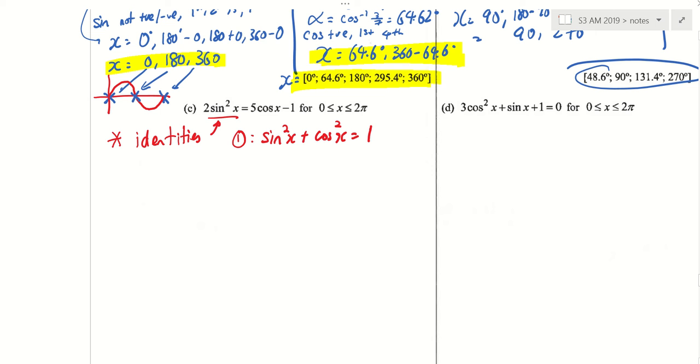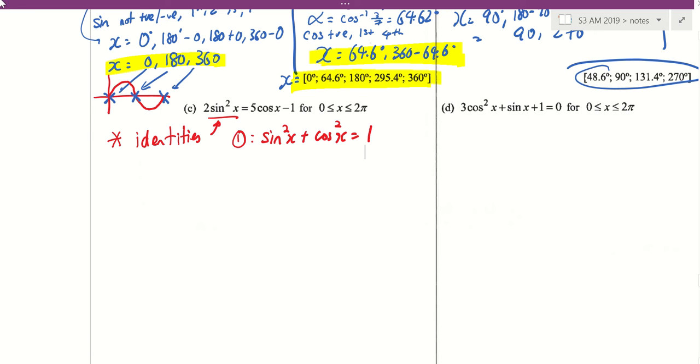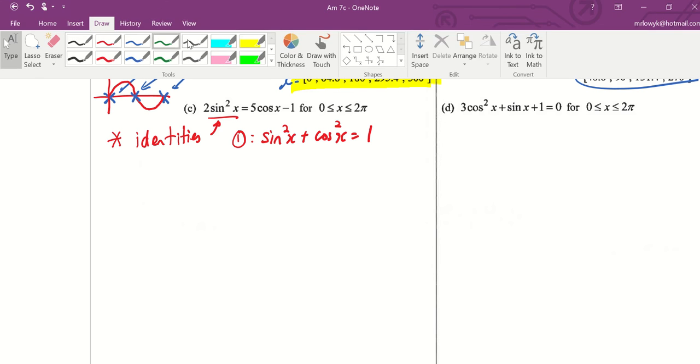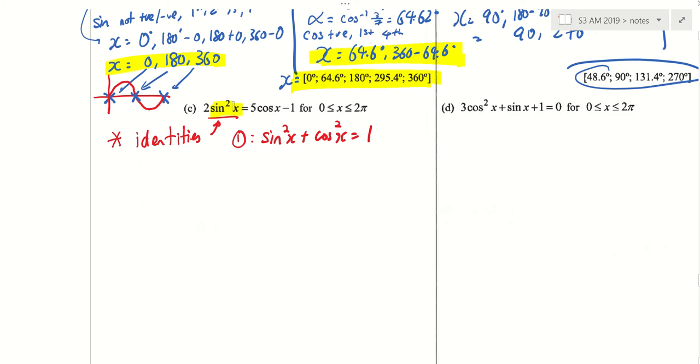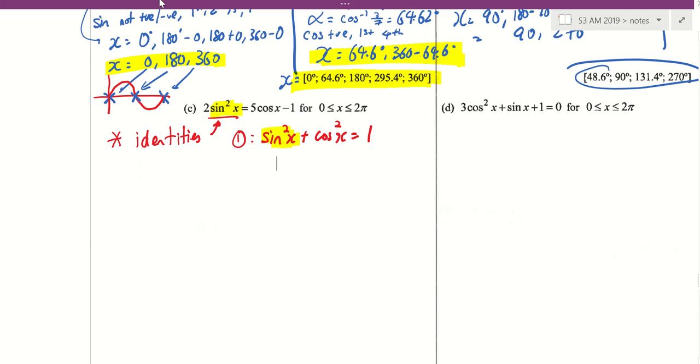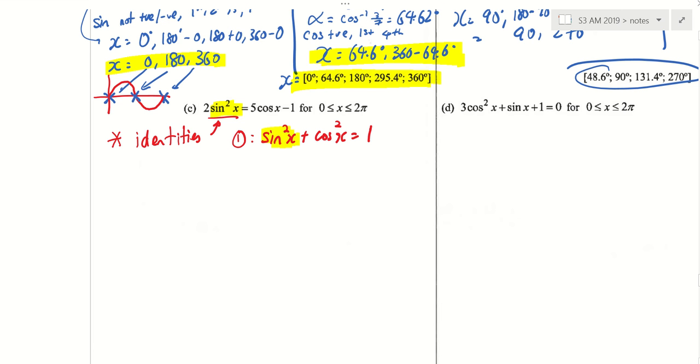Now, how do I continue? I look at the question. The question appears to use sine square x. That means I must have sine square x as the subject. That means I don't want cosine square x. So sine square x is 1 minus cosine square x.